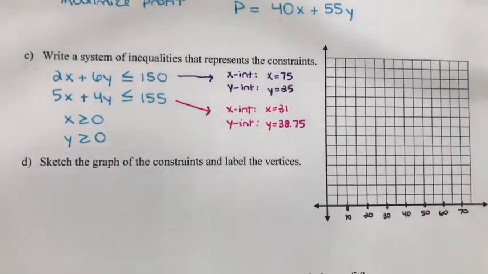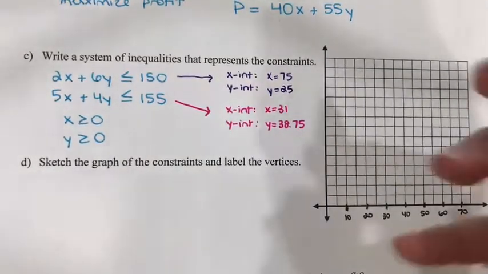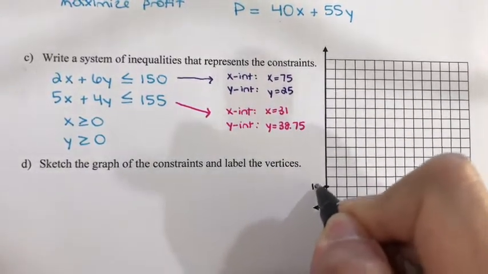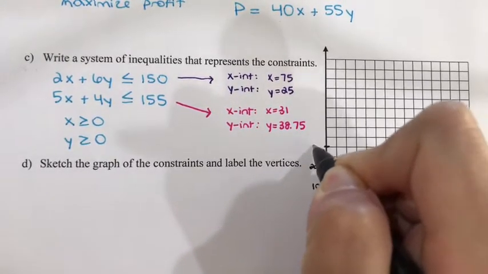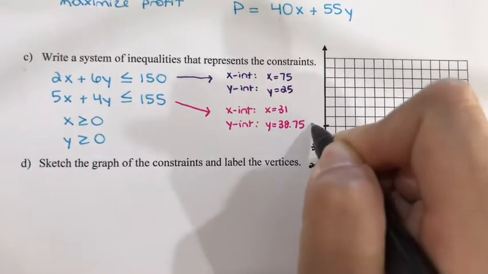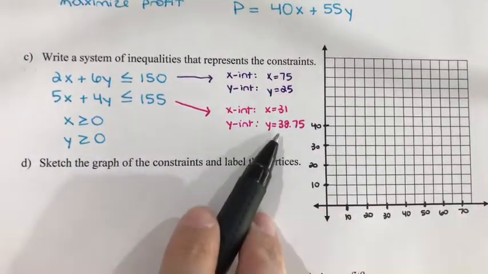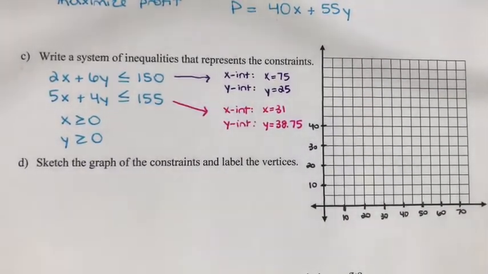Let's do the same thing on the y-axis. You can keep the same scale. Really, we only need to go up to 40 because it's the biggest y value we have.